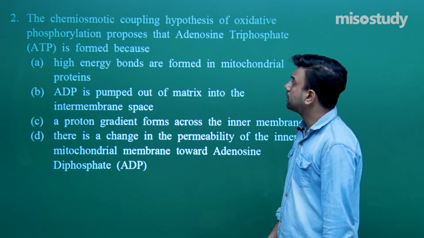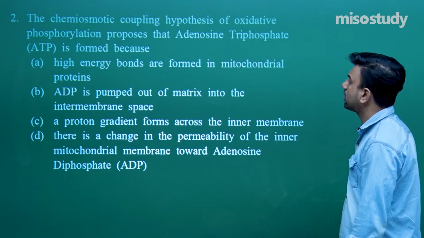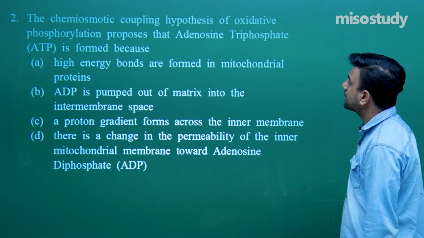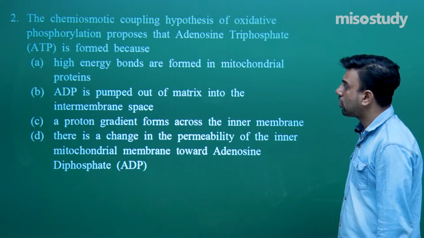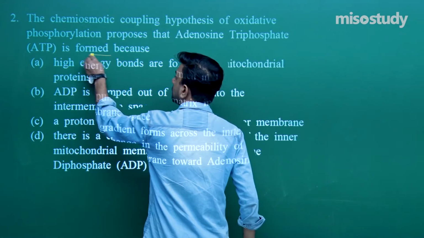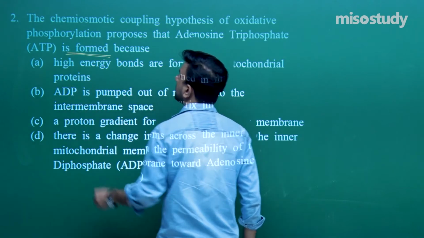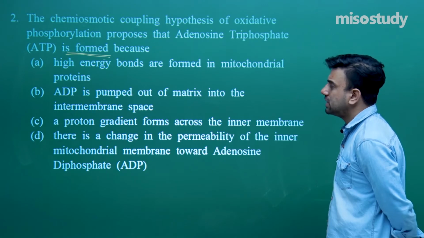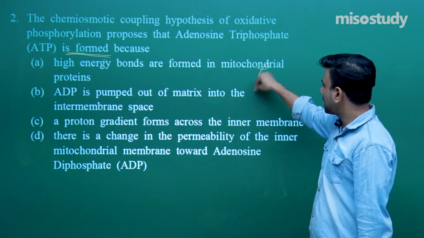The chemiosmotic coupling hypothesis of oxidative phosphorylation proposes that ATP is formed because, so it is talking about the formation of ATP, because high energy bonds are formed in the mitochondrial proteins. That does not make any sense.